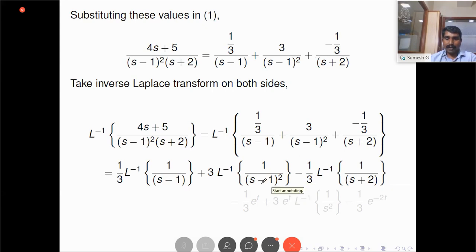That is, to eliminate the effect of this minus 1, we have to multiply the whole expression by e raised to t. If we multiply by e raised to t, then this minus 1 cancels. So we obtain the expression like this.